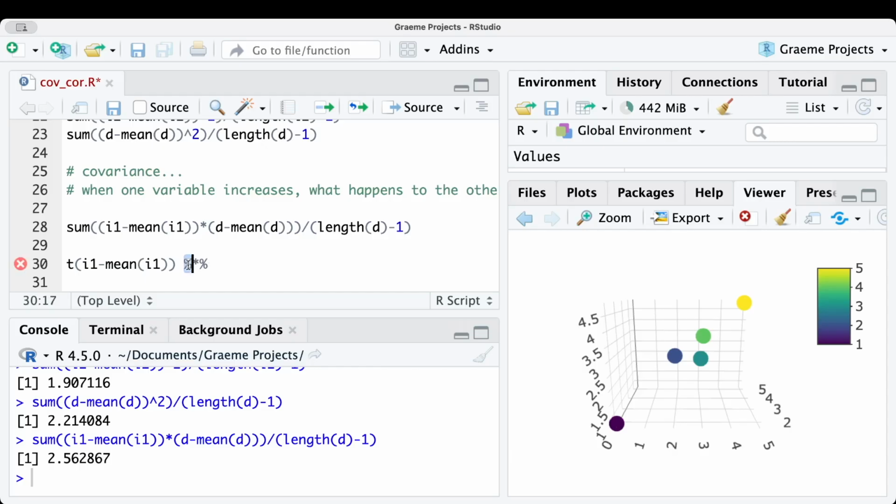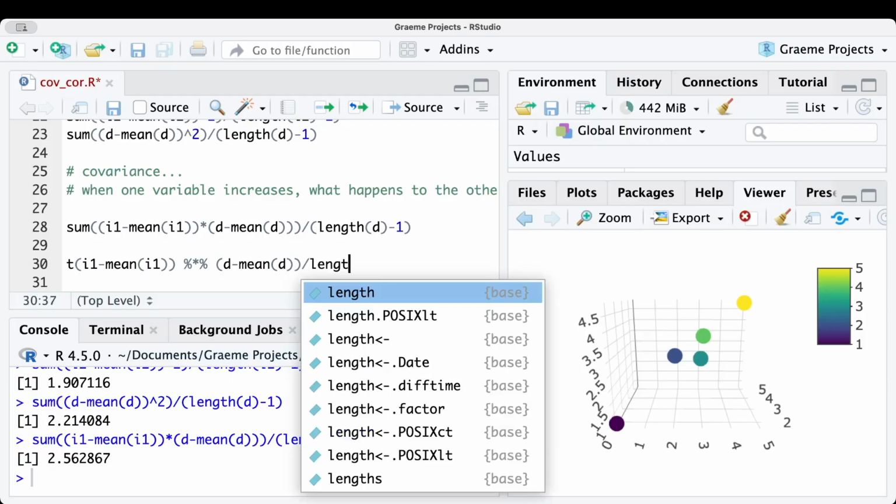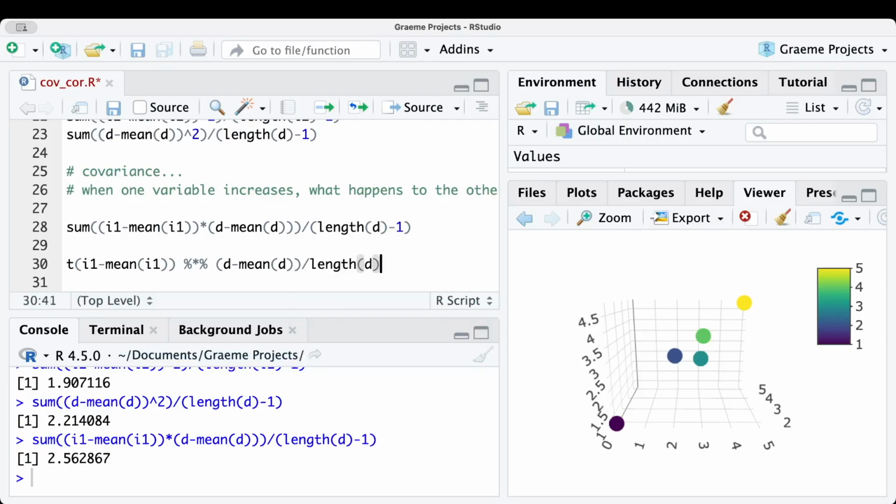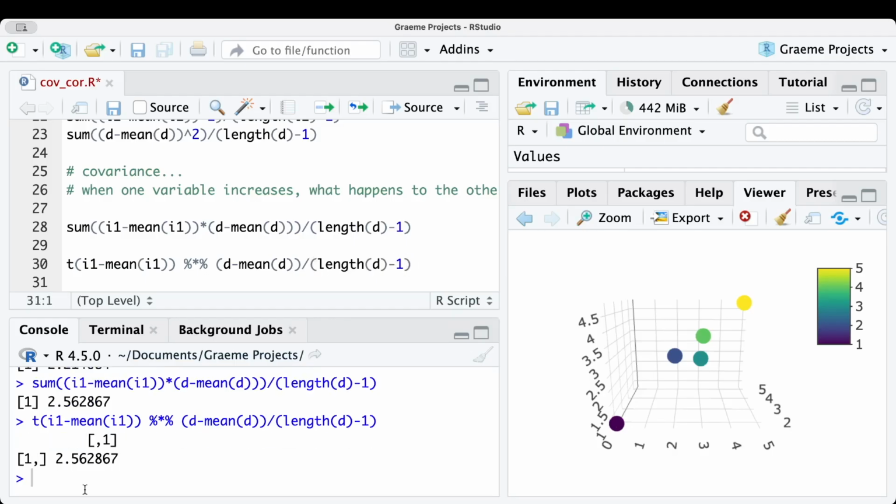This percent asterisk percent is the R matrix multiplication operator. And then this vector here, and then again divided by the sample size minus 1, parentheses. And so we get the same exact thing.